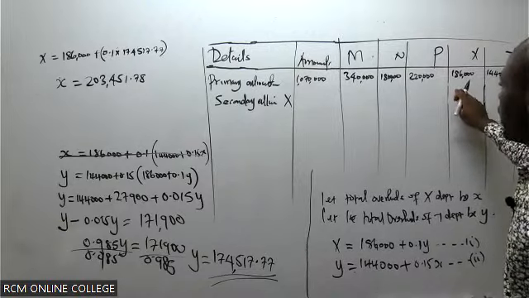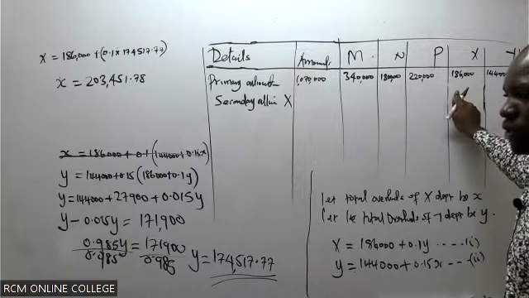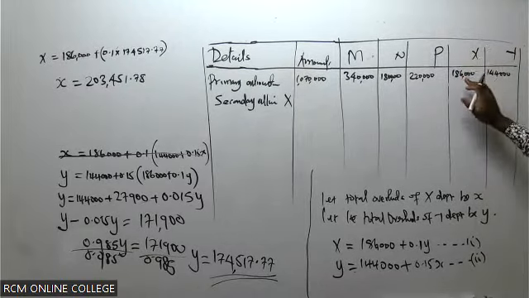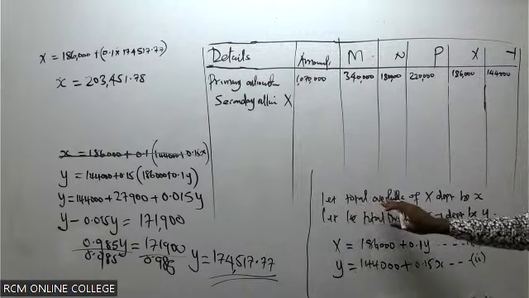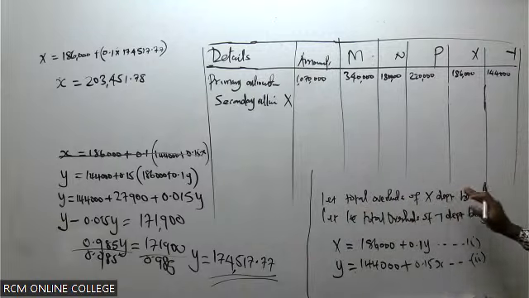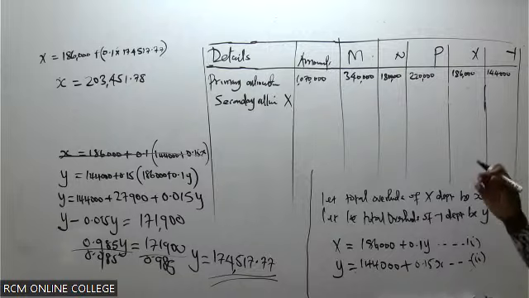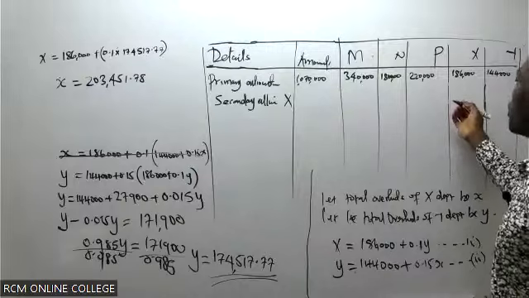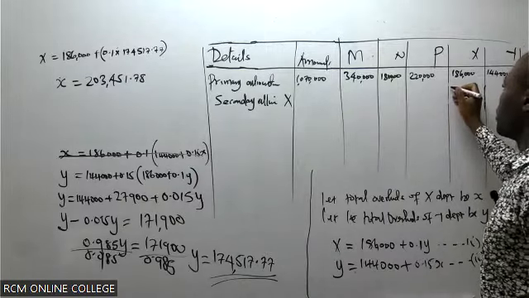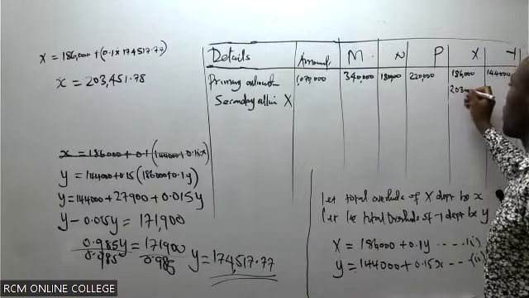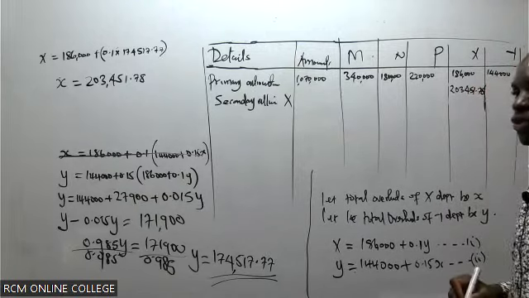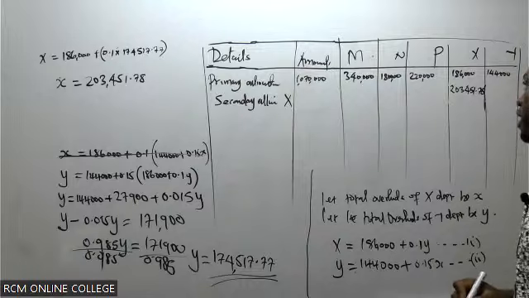So here, X will be giving out the total which it received and also what was given under primary allocation. What did we say? Let the total overheads of X department be X. So the value of X, which we've calculated up here, represents the total received by this department, 203,451.78.